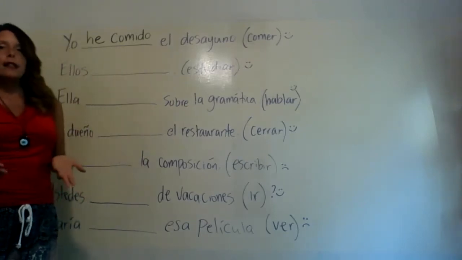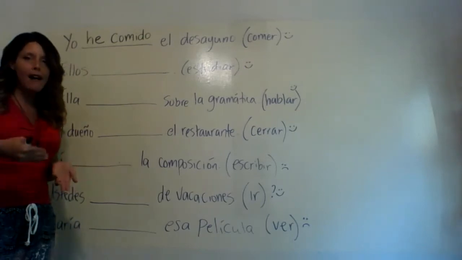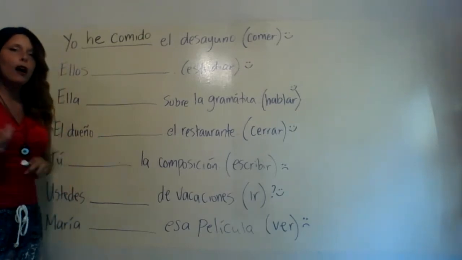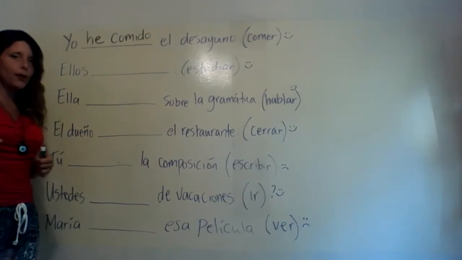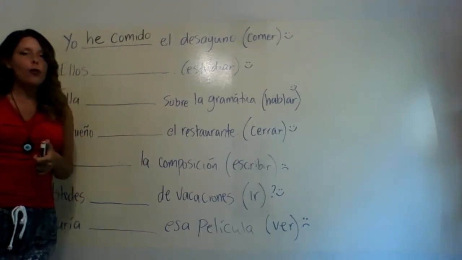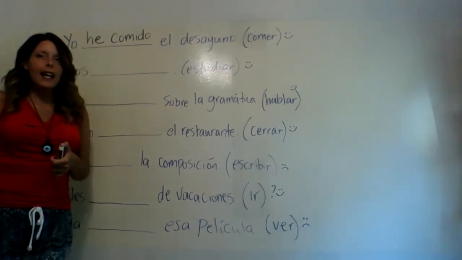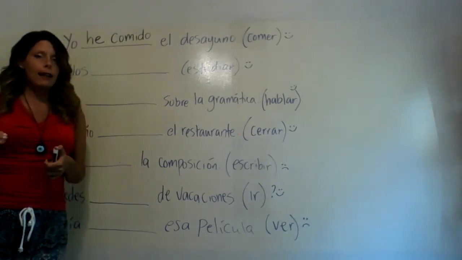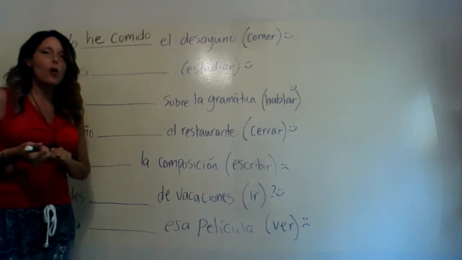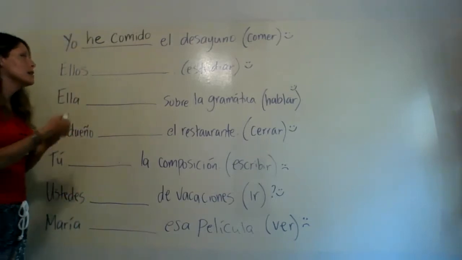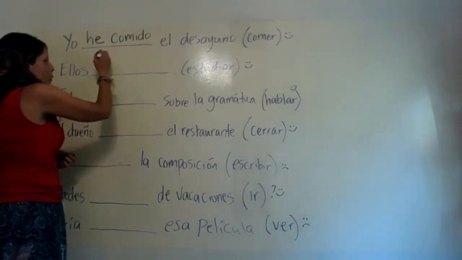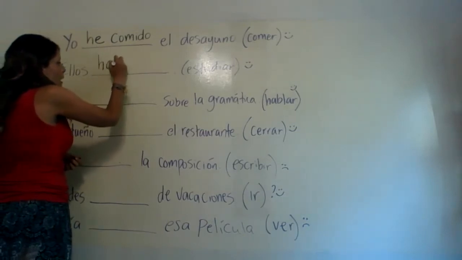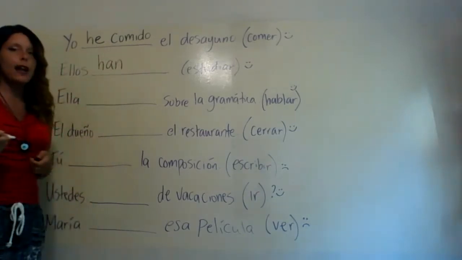What does this sentence mean? They have studied. So remember our auxiliary verb, which one is appropriate for ellos? Is it has, hemos, or han? H-A-N. That's the one that's appropriate for a third person plural subject. Han. So I will write down our helping verb, han, H-A-N.